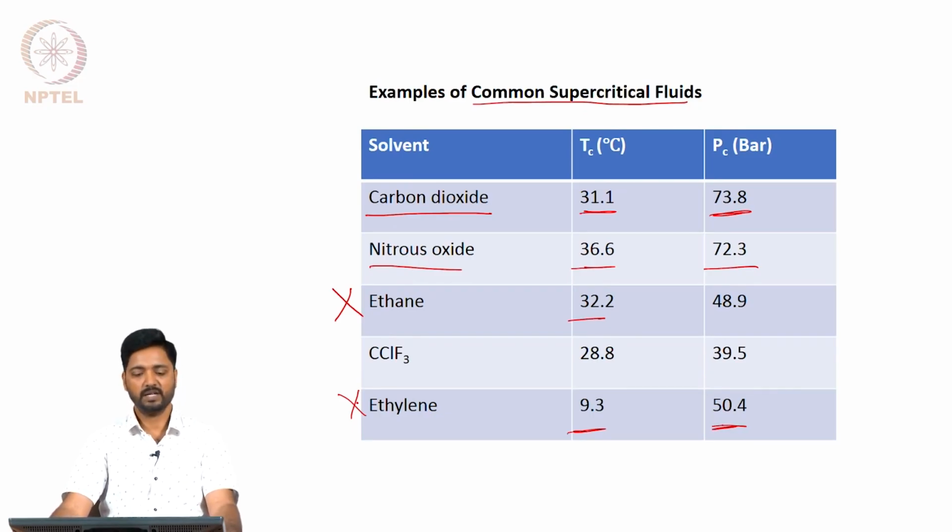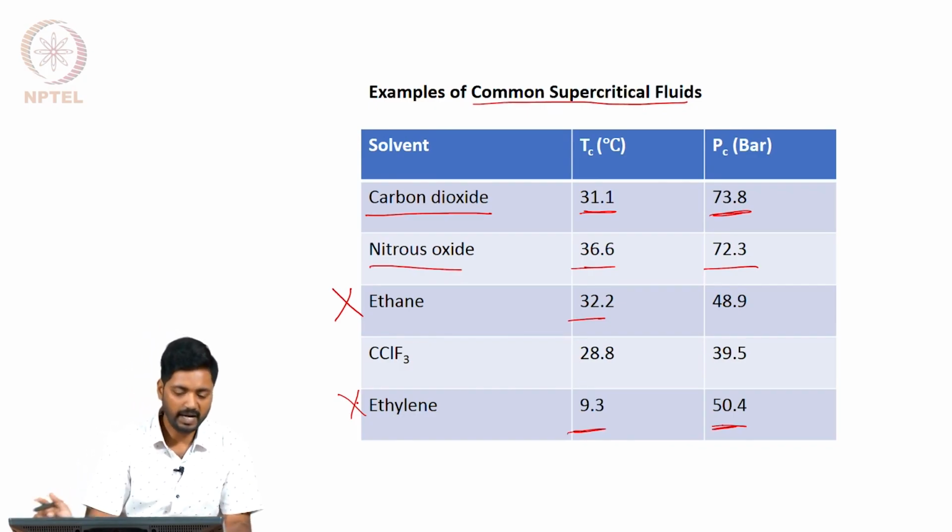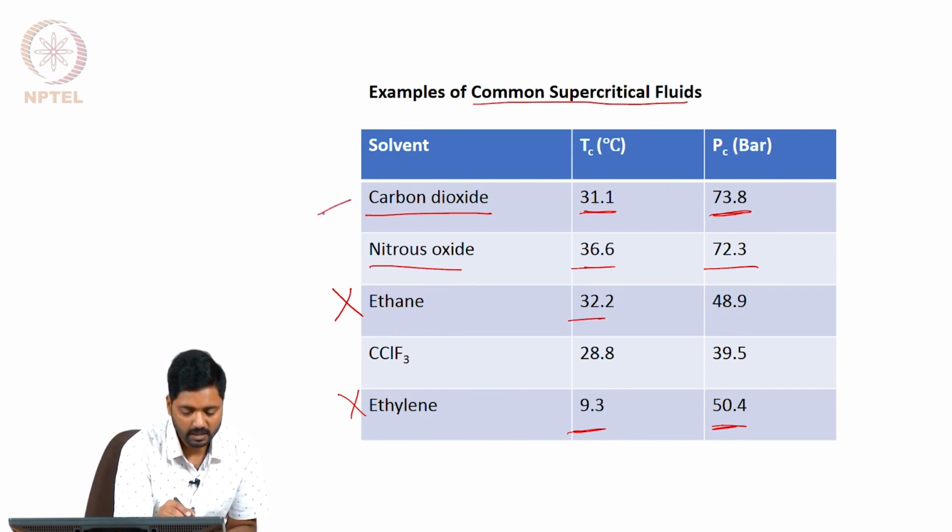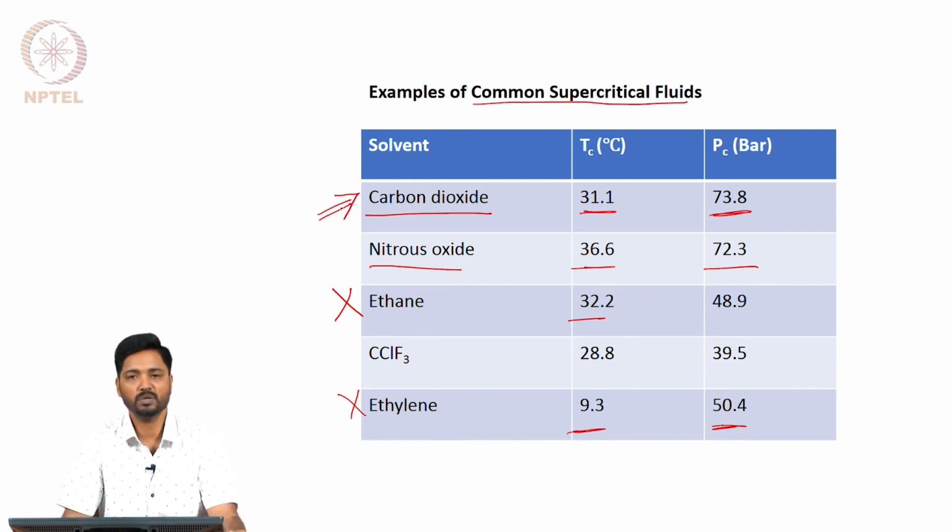So, using these gases will entail a lot of safety considerations which inhibit their use in supercritical fluid chromatography or supercritical fluid extractions that are otherwise commonly undertaken. So, usually and most often the gas that is the most appropriate for use in supercritical fluid applications is the carbon dioxide gas.